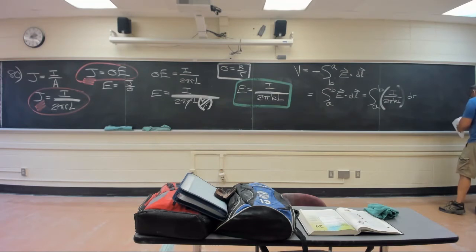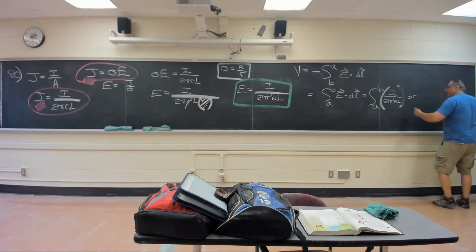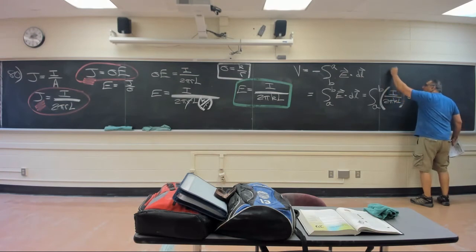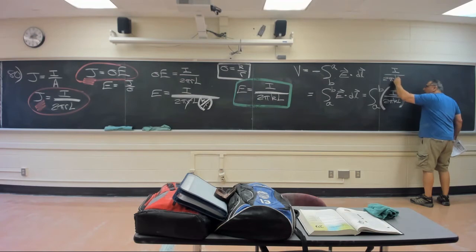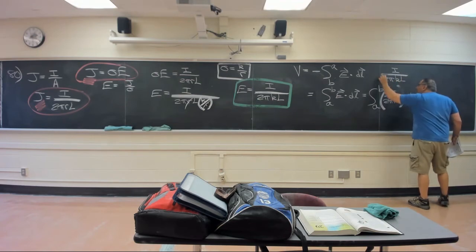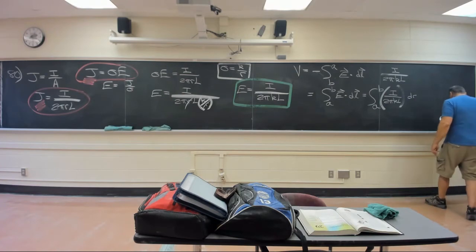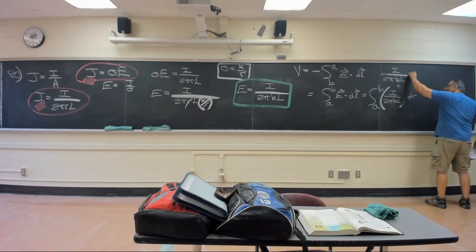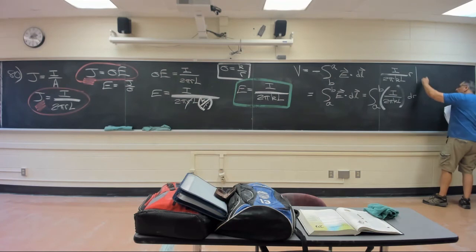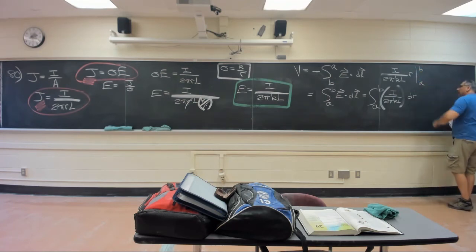So let's see what we got here. You do it. It ends up giving you I over 2 pi k L, I over 2 pi k L times r evaluated between a and b.